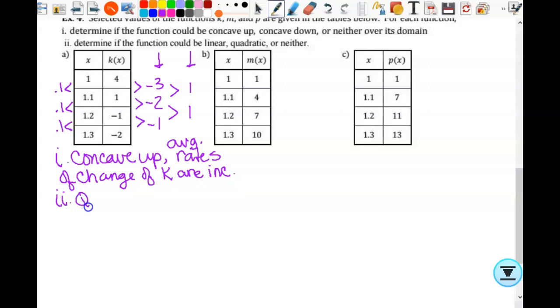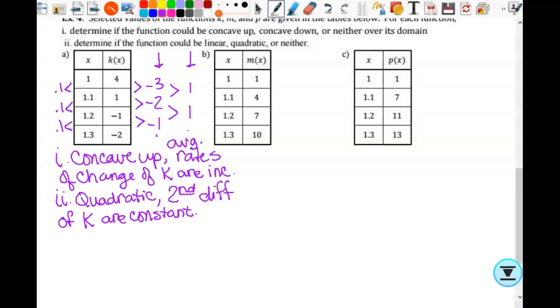So this is a quadratic. And our reason is the second differences of K are constant. Okay? First differences, second differences. We okay with that? Questions?